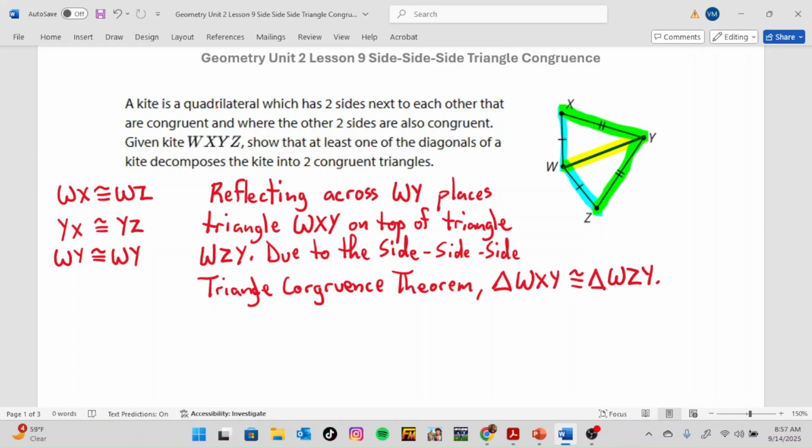We know that reflecting across WY means that we will have two congruent triangles, so this also proves the side-side-side triangle congruence theorem, which proves the two triangles are congruent. I hope this makes sense to you, but if you do have any questions, please feel free to leave a comment below.